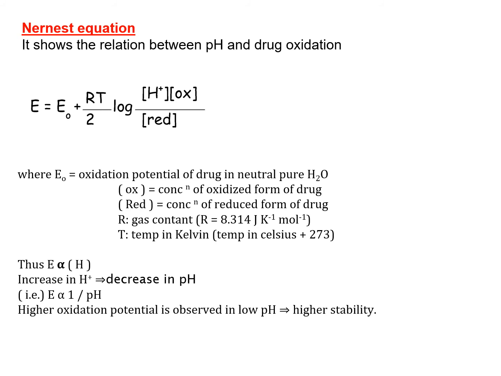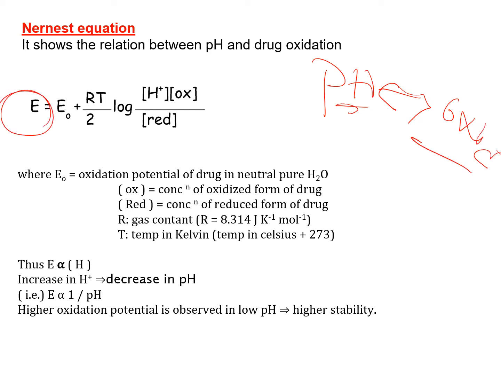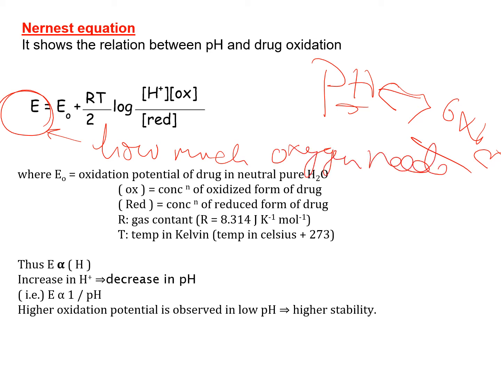We have an equation that explains the relation between pH and oxidation. Here on the left side, we have the oxidation potential. The word oxidation potential means how much oxygen is needed to oxidize the drug.